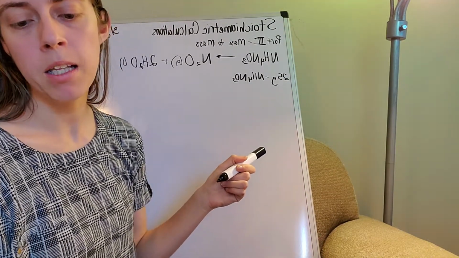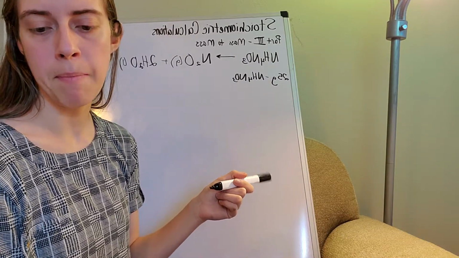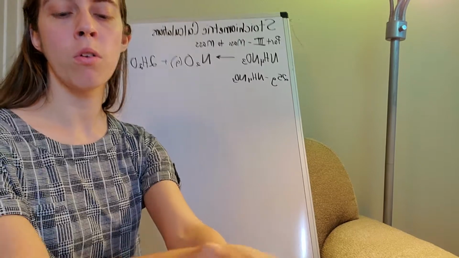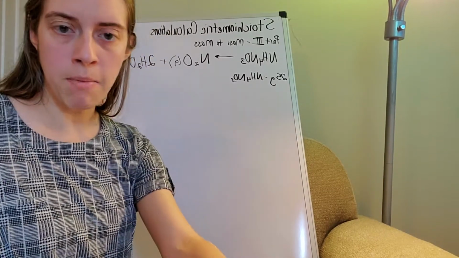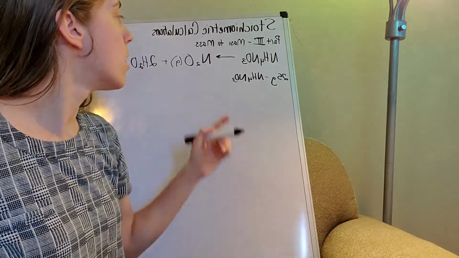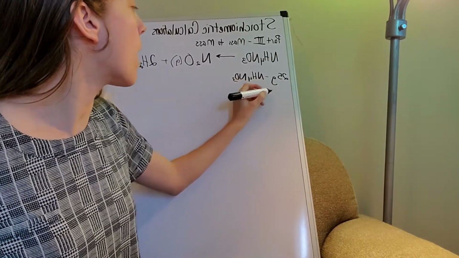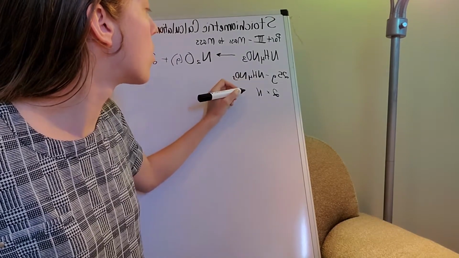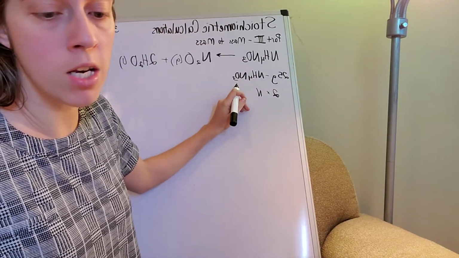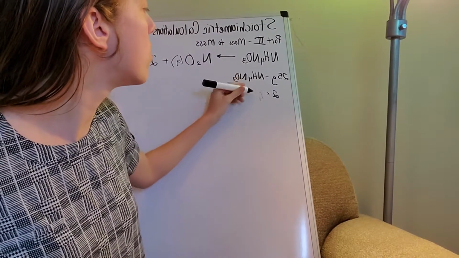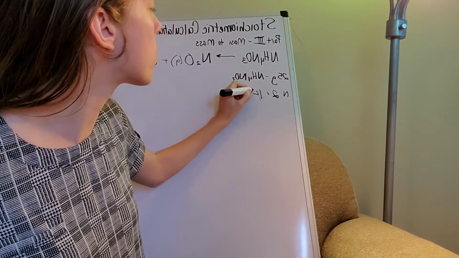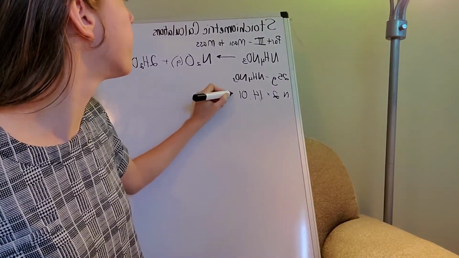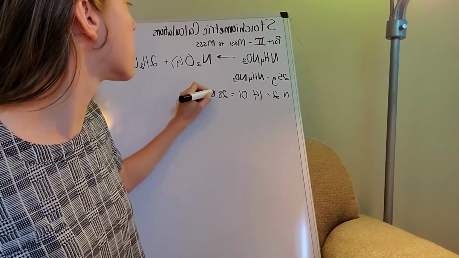This is going to be a little tricky because we have to calculate the molar mass of ammonium nitrate. In order to calculate our total molar mass, we need the masses of all of our individual elements. In ammonium nitrate, we have 2 nitrogens, so 2 times 14.01 is going to give us 28.02.